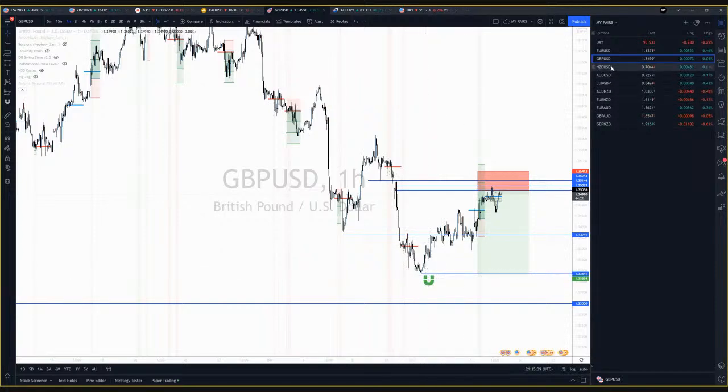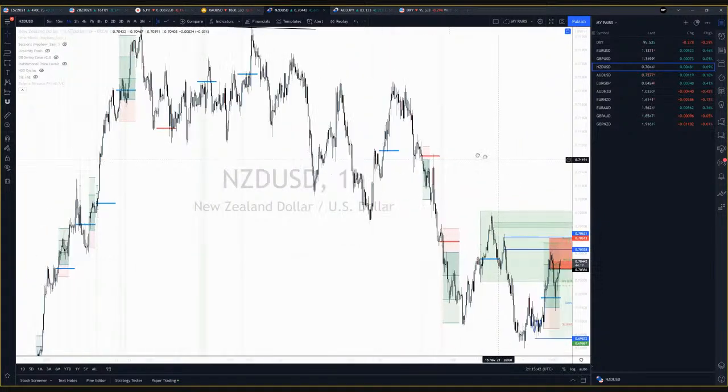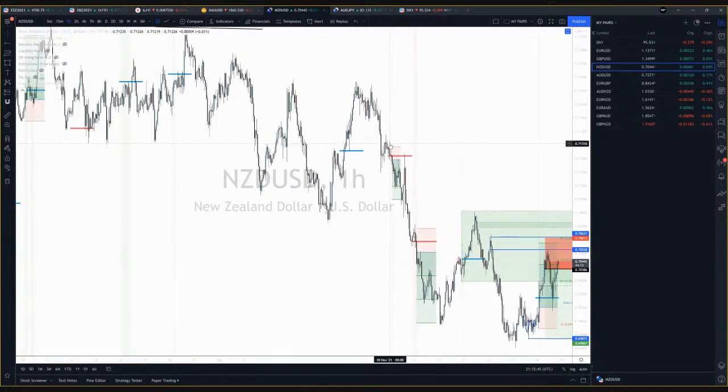Let's go to New Zealand. Same thing happened last week. Right here, I posted to watch this low, that price is gonna come and sweep this low. If you follow the direction, once this one gave that red, it was pointing that they're gonna come and attack this low.